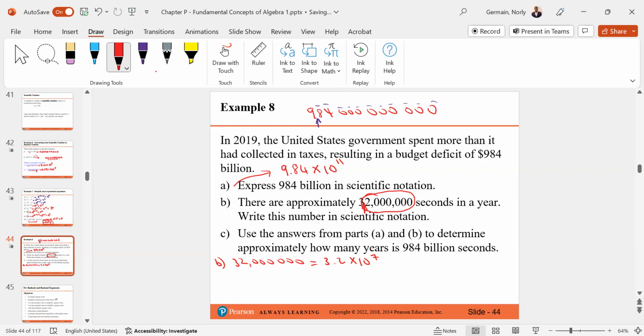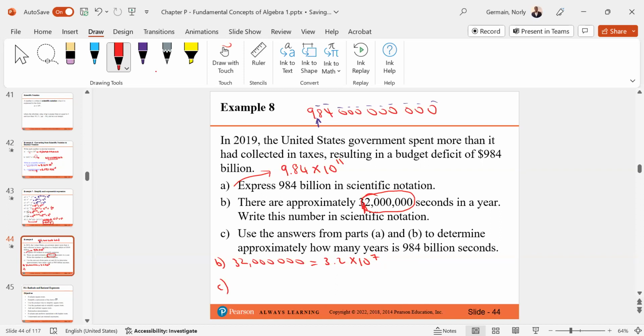Okay. Use the answers from A and B to determine approximately how many years is 984 billion seconds. They said in a year there are 32 million seconds.